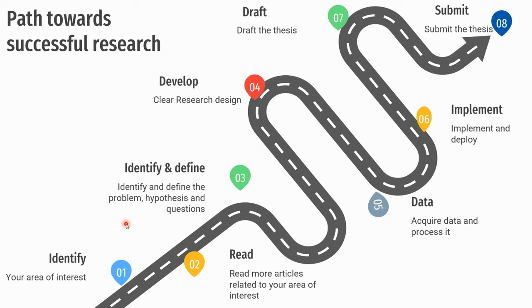Once you have identified the area of interest, then read more articles related to your area of interest. See, problem definition is not the very first stage. When you decided to do your PhD, there you have started your first step. Once you have started, you have to think about what research interest you have.